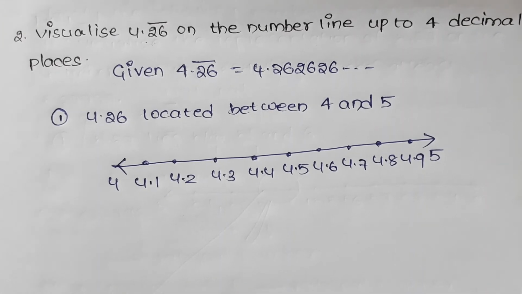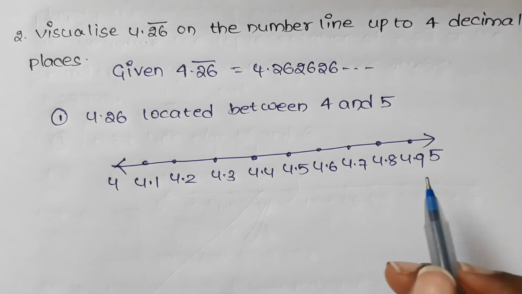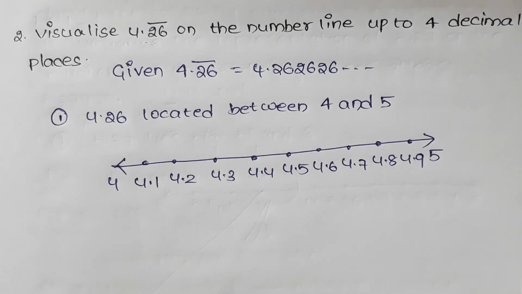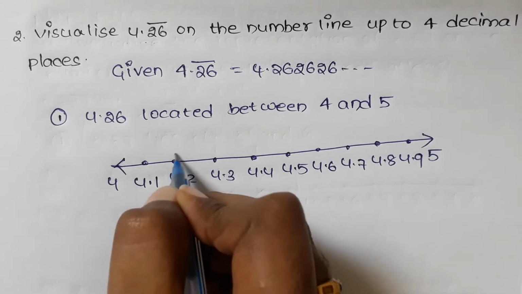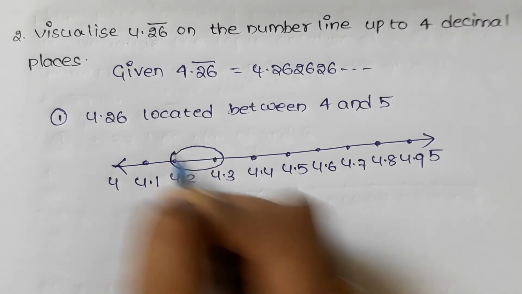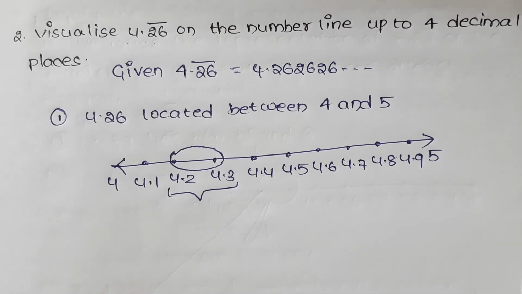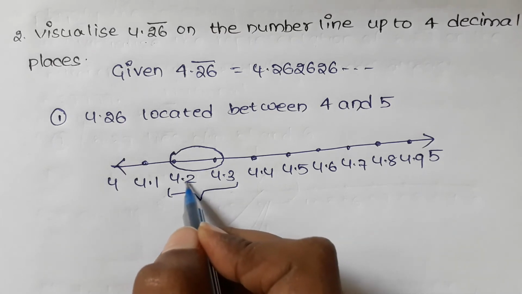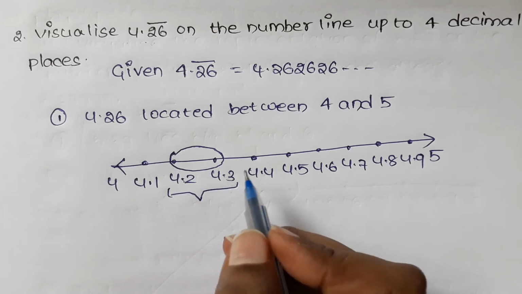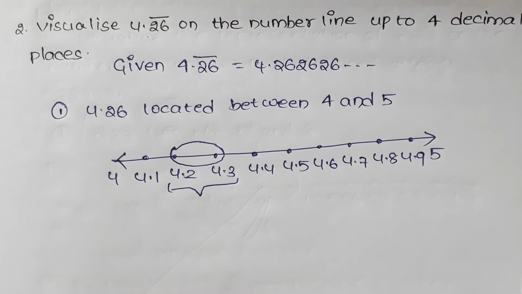And now it is the first step, and this 4.26 is located in between 4.2 and 4.3, and we should closely view this by using a magnifying glass. And now 4.2 and 4.3 are again divided into 10 equal parts.